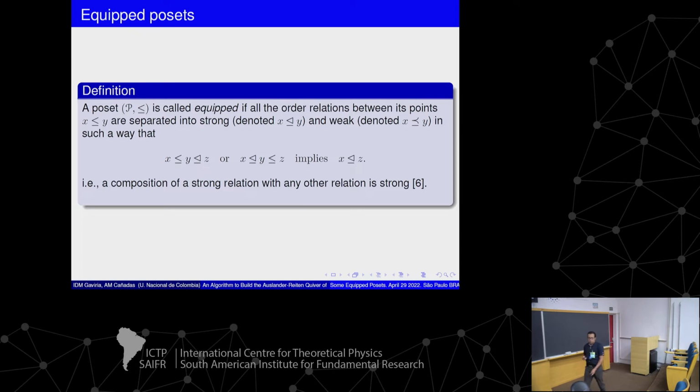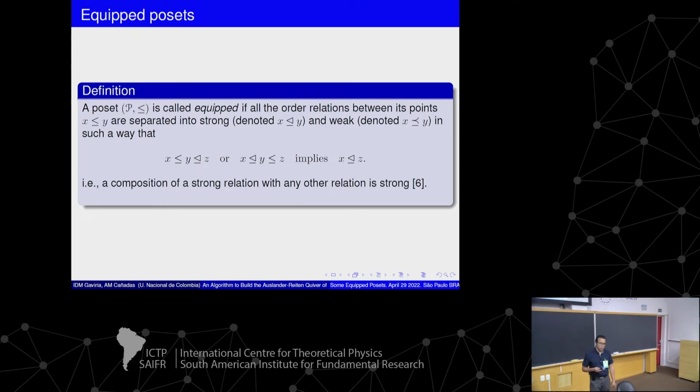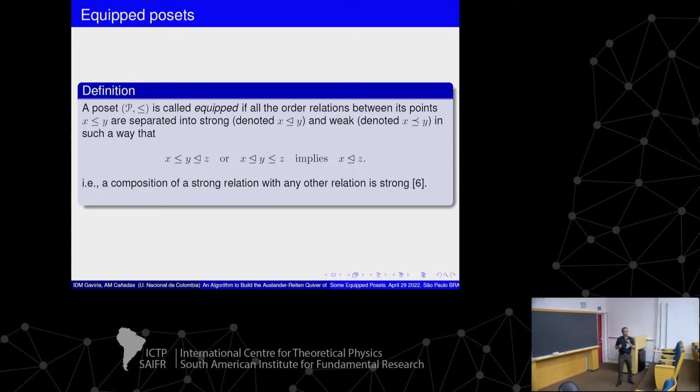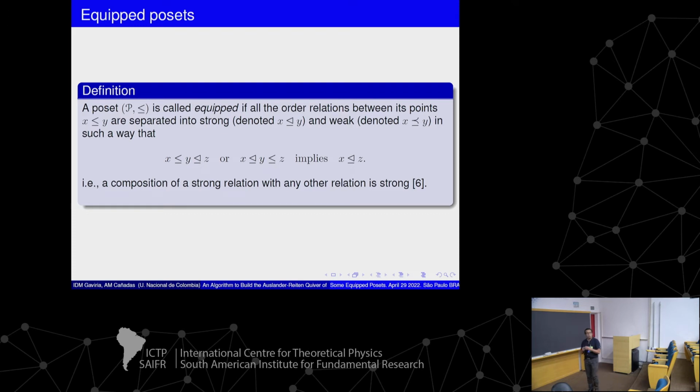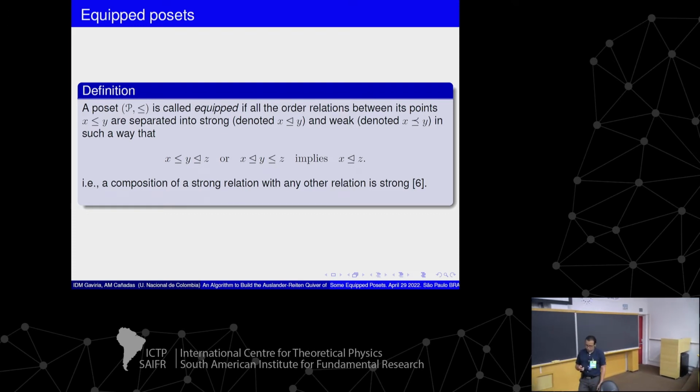If you have one poset, we say that it is called an equiposet if all the relations are divided in two different relations, one strong relation denoted by this symbol, and one weak relation denoted by this symbol. And that is the main condition that the equiposet satisfies: if you compose one strong relation with another relation, then the composition is strong.